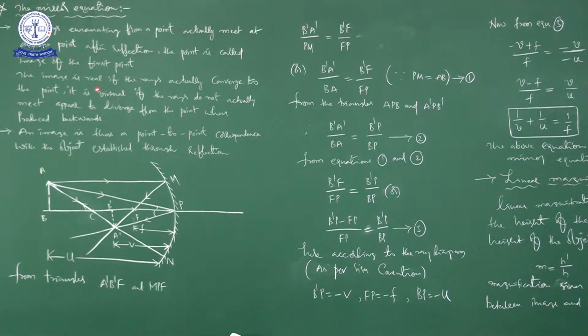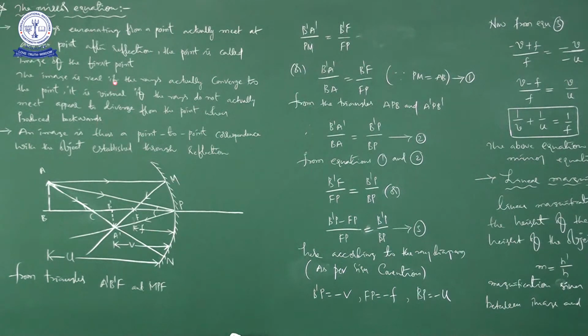Now we are going to discuss the mirror equation. In our last class, we discussed the focal length of spherical mirrors and then the derivation for r is equal to 2f. At last, we discussed some rules followed by light rays when incident on a curved surface. For example, if the ray is parallel before incidence, after reflection it will pass through the focus.